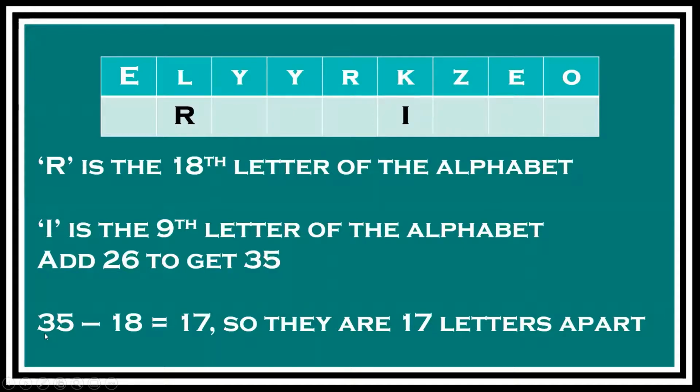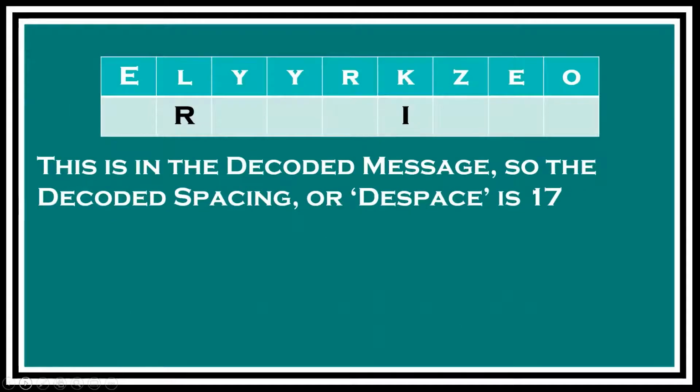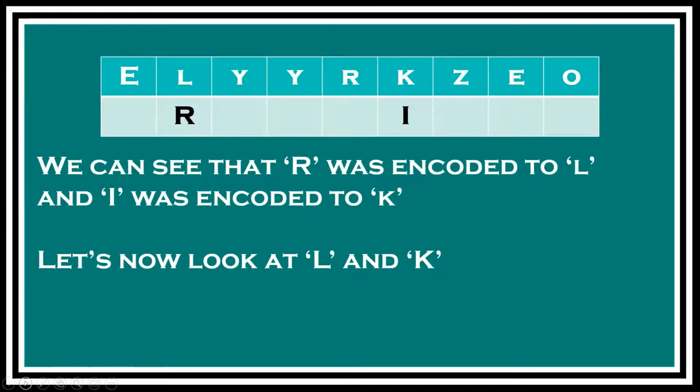Now, that means that the 2 letters are 17 apart, since 35 minus 18 is 17, and that means that the 2 letters are 17 apart in the alphabet. Now, this is in the decoded message, so we call that the decoded spacing, or D space, and D space here is 17. Now, we see that R got encoded to L and I got encoded to K.